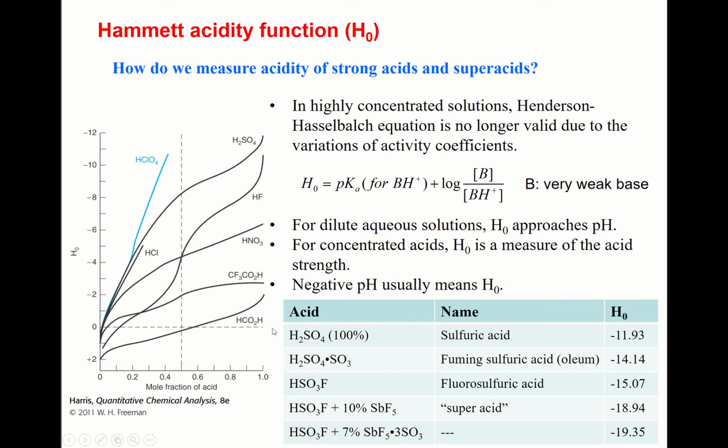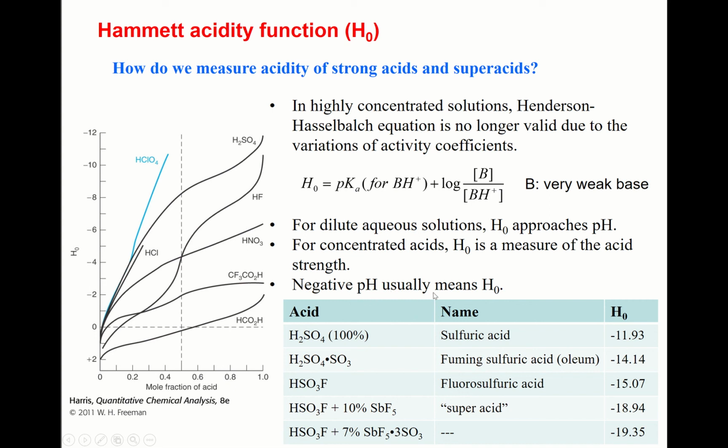But the problem is when the mole fraction becomes greater and greater, for a very concentrated solution. Then ordinary pH measurement is not possible, so in this case we use the Hammett function.